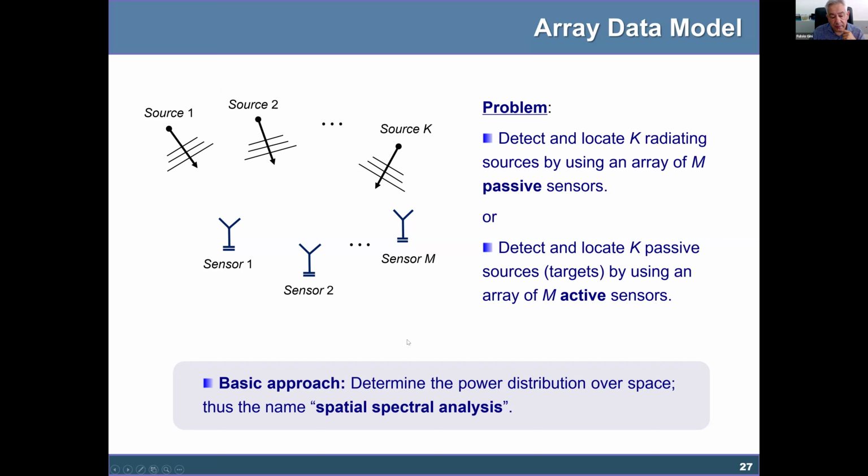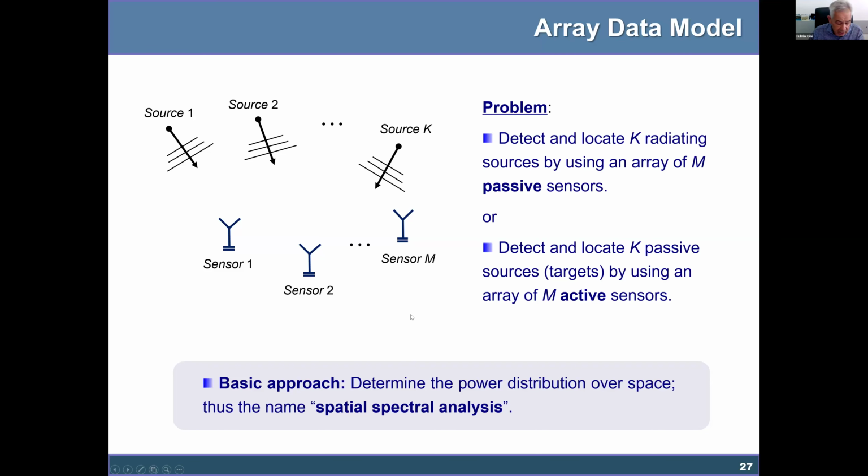So the scope here is to determine the power distribution in space. Sometimes this is also called spatial spectral analysis.